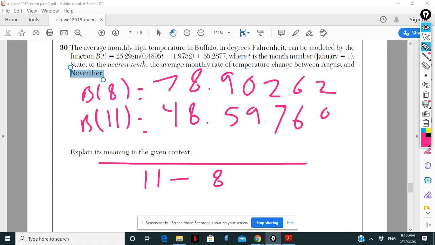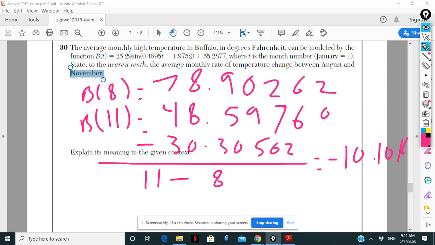So 48.59760 minus 78.90262, giving me negative 30.3052. When I divide it by 3, giving me negative 10.1016.